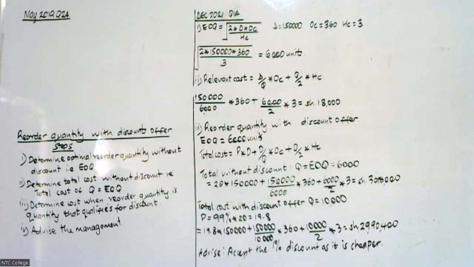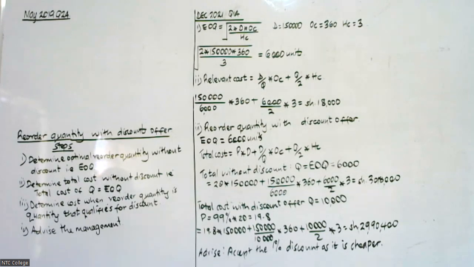We have range of quantities and price. Range between 1 to 3,000 is 21. Between 3,001 and 5,000 is 19 shillings. 5,001 to 7,000 is 19 shillings. 7,001 to 9,000 is 17 shillings.